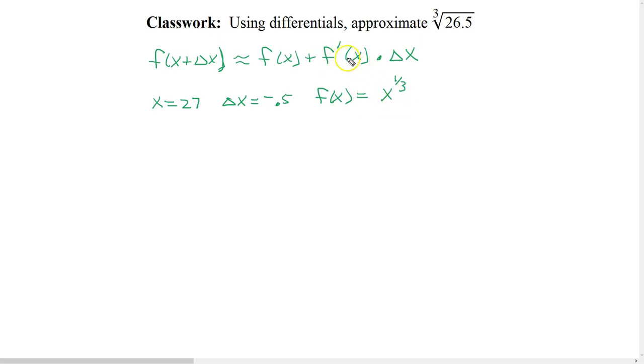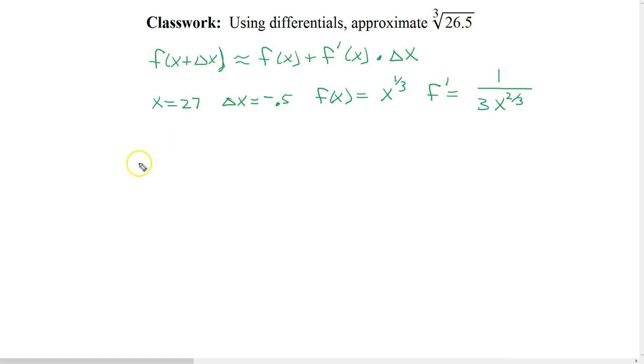And then our derivative, we're going to need that, f prime, that's going to be 1 over 3x to the 2/3 power. That's what you get when you differentiate x to the 1/3, dropping the 1/3 down, and then when you subtract 1, you get x to the negative 2/3, or 1 over x to the positive 2/3.